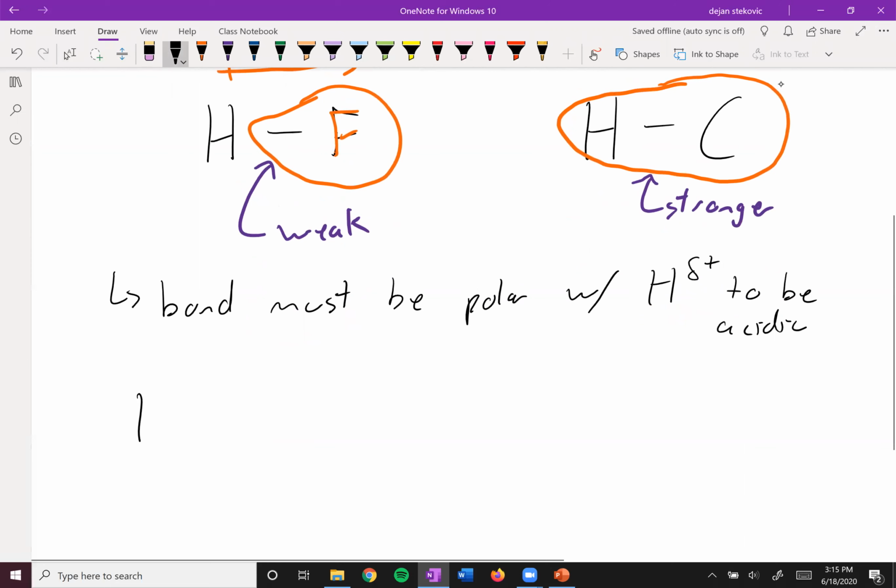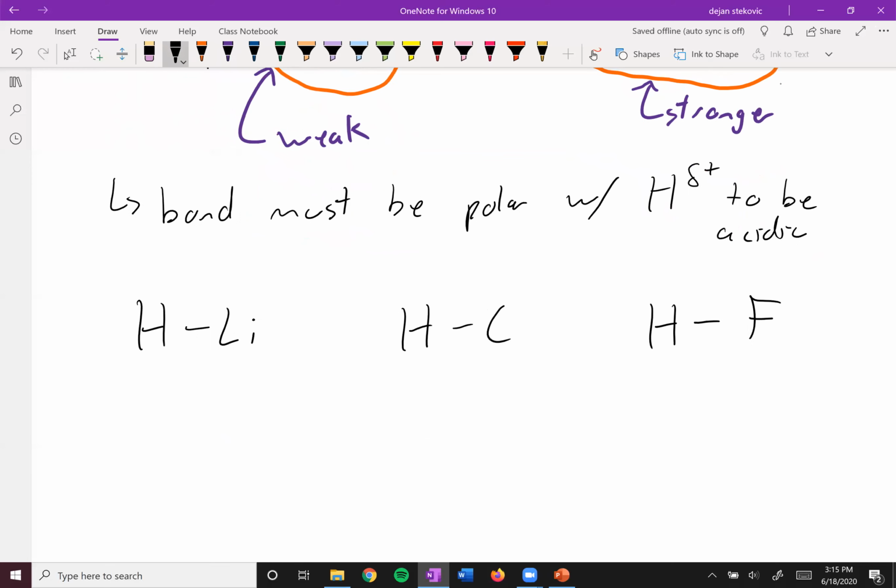So for example, HLi, HC, and then HF, right? If we draw the dipole arrow over here, hydrogen is actually more electronegative than lithium, so it goes like that. Carbon, not really much of a dipole arrow, it's very weak. And then we have a strong dipole arrow for HF.